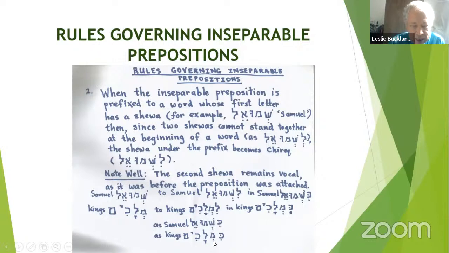This is ke melakim, as kings. So since two schwas cannot stand together at the beginning of a word, when you have a noun beginning with a simple schwa, then the simple schwa under the inseparable preposition, whether it is lameth or beth or kaf, is changed to the short hirik, which is the short I sound.